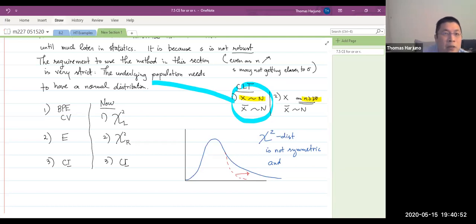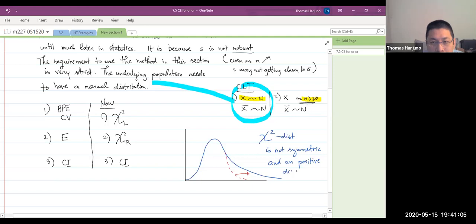Okay. Now, second, chi-square distribution is a positive distribution. So the chi-square will always give you a positive number, never a negative number. Now, because of that, when we compute the chi-square score, we have right tail, left tail.